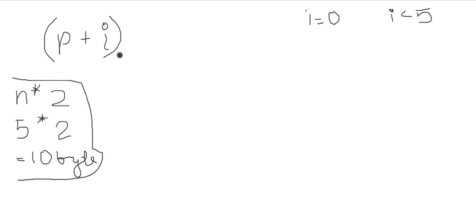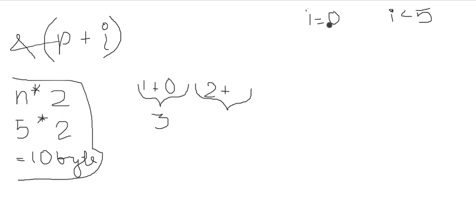So how will this loop work? Initially p will be 1 and i will be 0. At this position, 1 plus 0, we have to enter a number. Suppose we have entered 3. Now as the loop goes on, p will be incremented and this will be 2, and i will be incremented to 1.